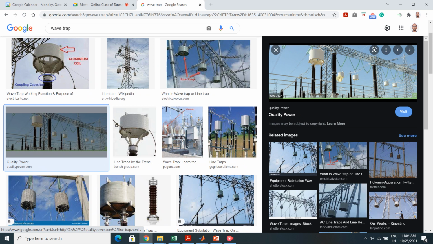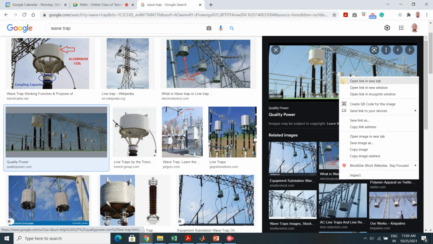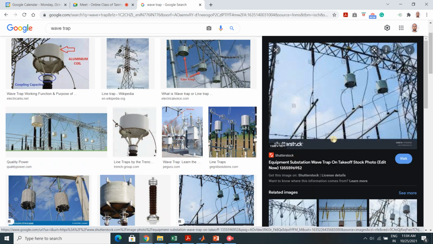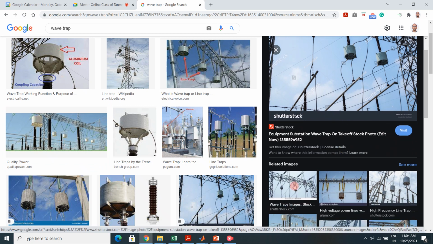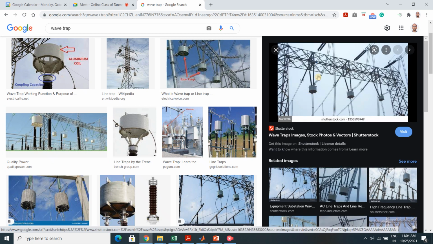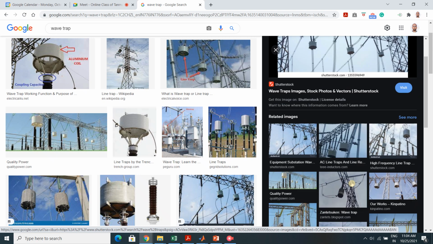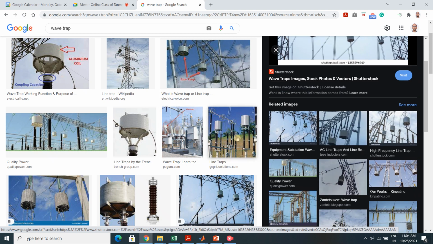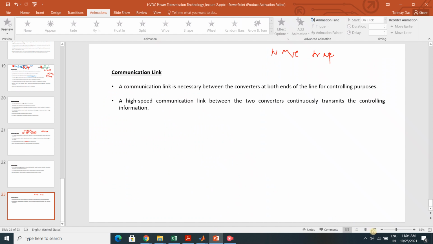These are wave traps. Whenever you enter a substation, you will see this equipment. Just after the lightning arresters, you will see these wave traps.